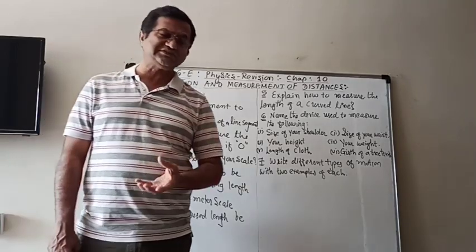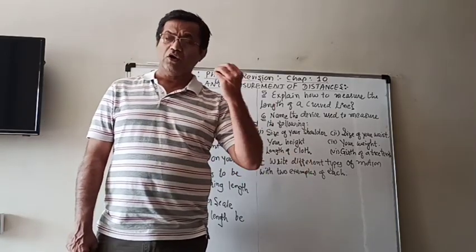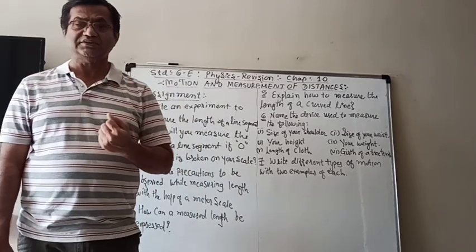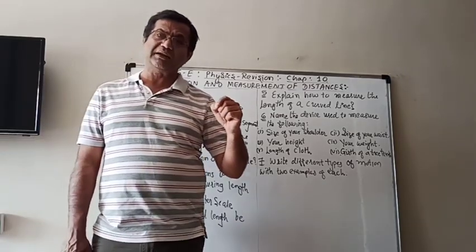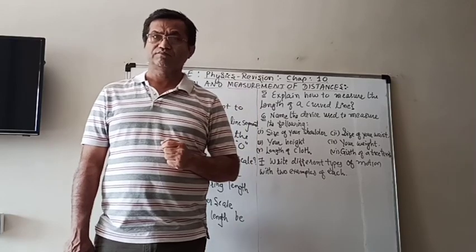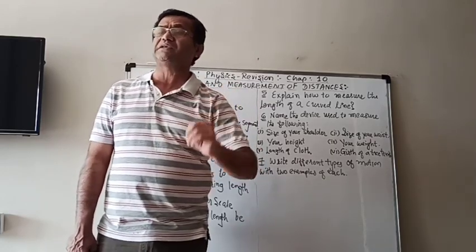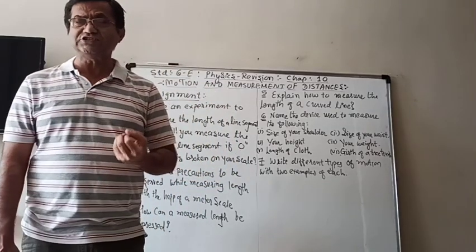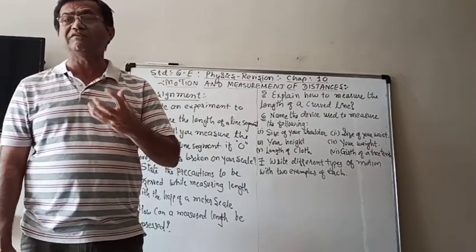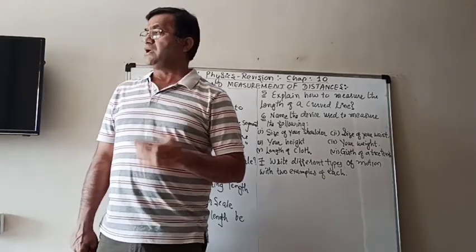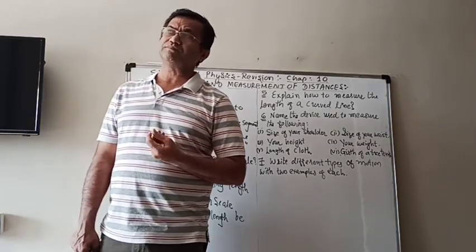If you are given a pencil or a book or a piece of paper or a cloth, but your zero number is broken, or it is not broken but it is not perfectly readable, in this situation, how will we find the length of the given object? What will we do?